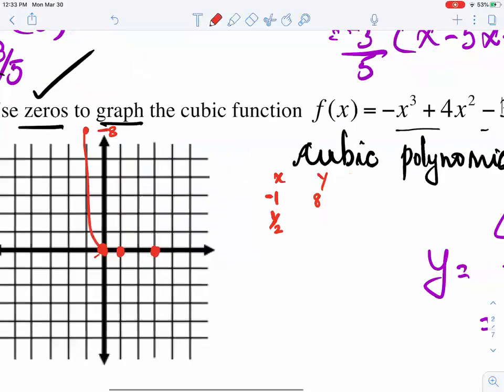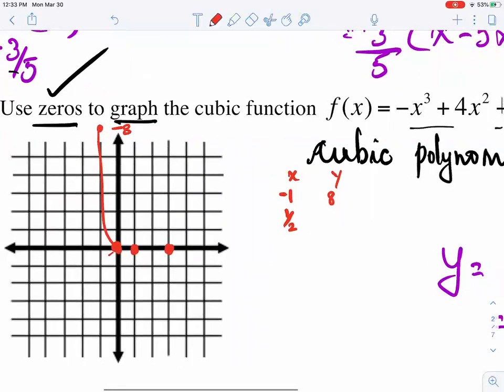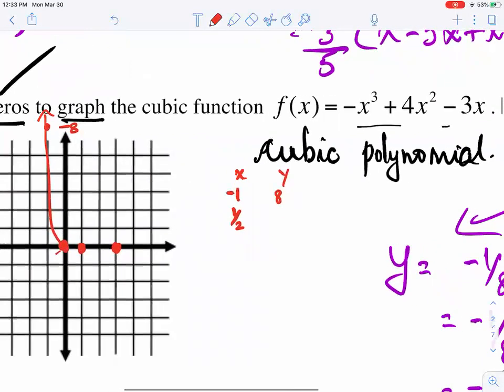Use your calculator and tell me what is the y value, because we are confused about which portion we should go. We don't know if it is down or up. When you substitute, let me also check. Because it's a fraction, I'll let you use a calculator, okay? Go ahead.